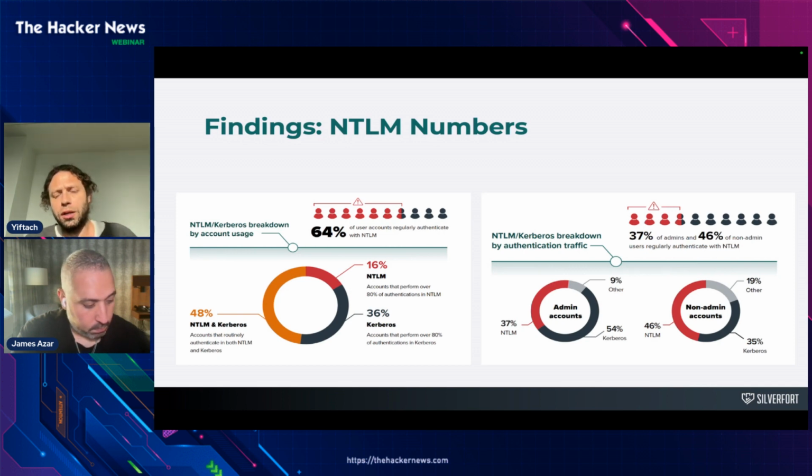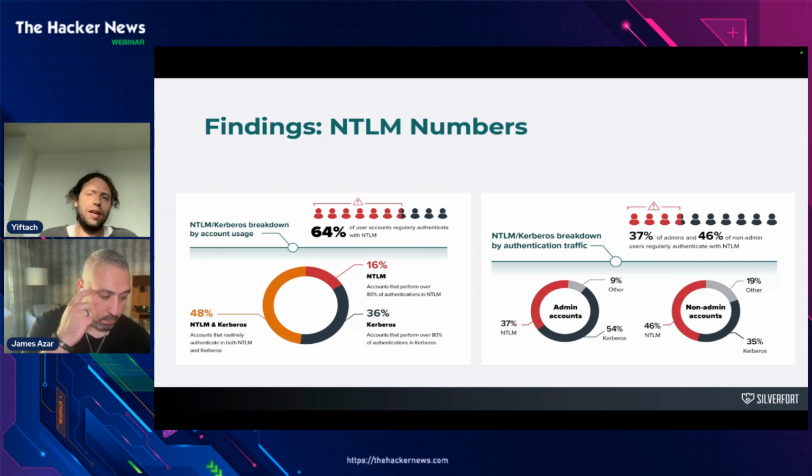What's more concerning is that when we checked the breakdown between admin accounts and non-admin accounts, we have 37% of your admin accounts' authentications taking place over NTLM. Think of it.